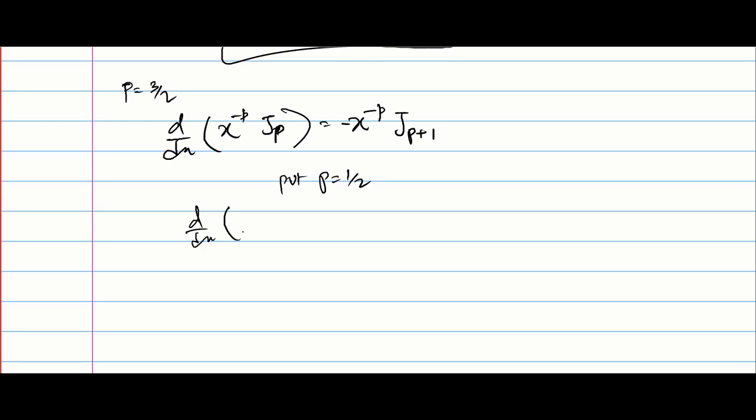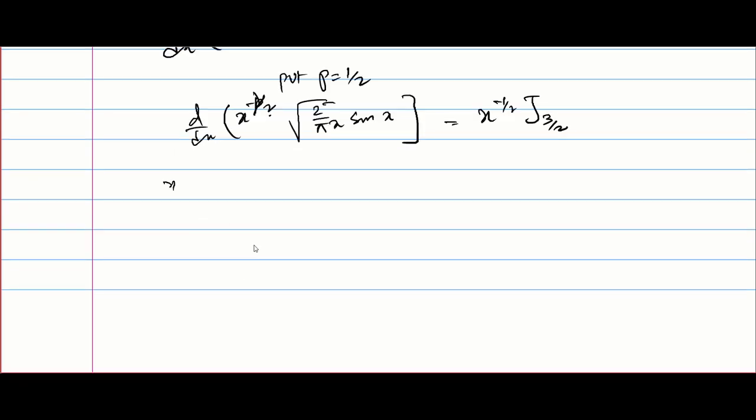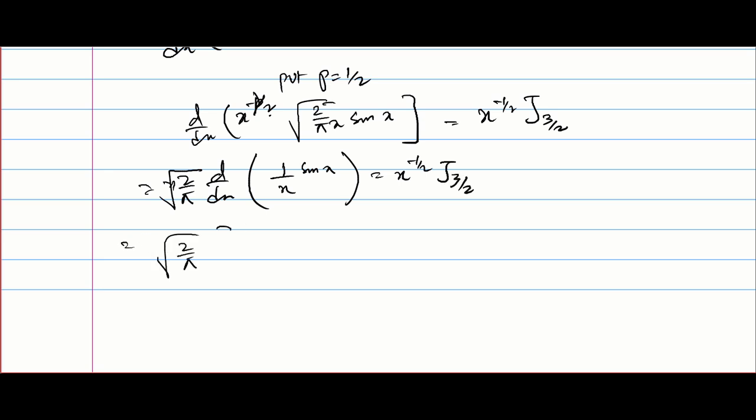What we'll get is d/dx of x^{-1/2} root 2 by pi x sine x is x^{-1/2} J_{3/2}, right? So we'll get d/dx of, take root 2 by pi outside, 1 by x sine x equals x^{-1/2} J_{3/2}. So we'll be doing the derivative.